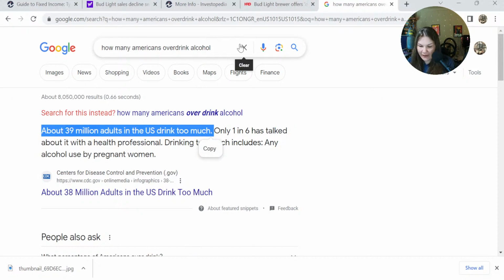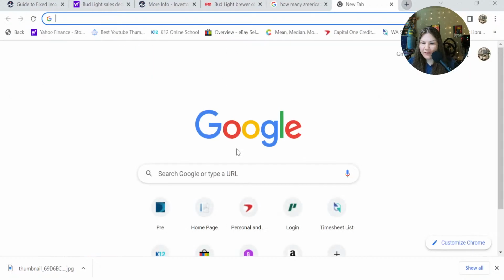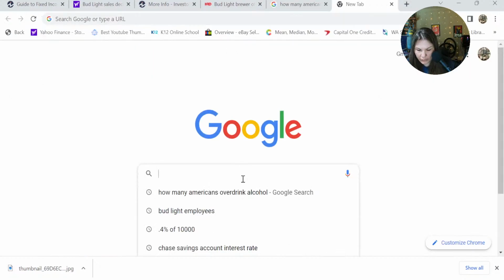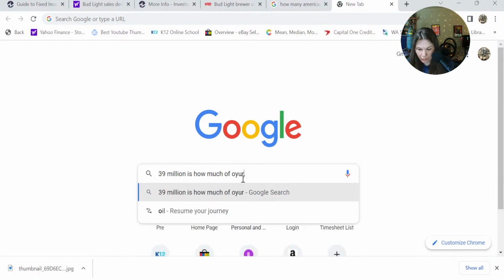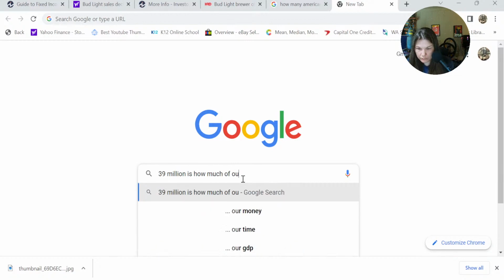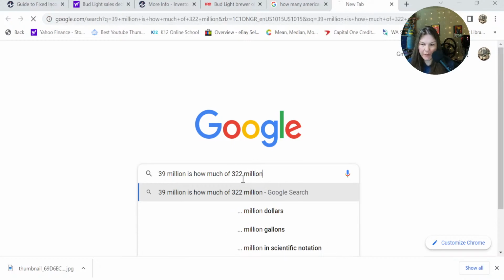Let me get my little handy dandy calculator out and see how many that is. 39. My calculator doesn't do that big of numbers because it's an old calculator. 39 million is how much of our, well, in 2020, this is about how many people we have.